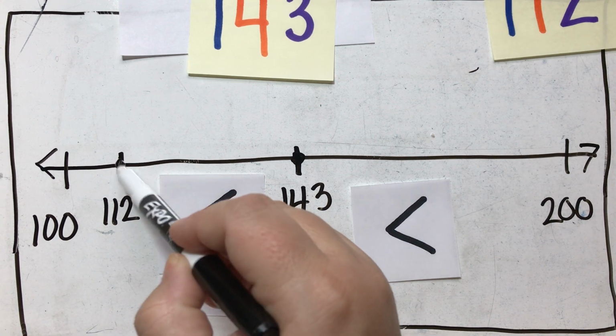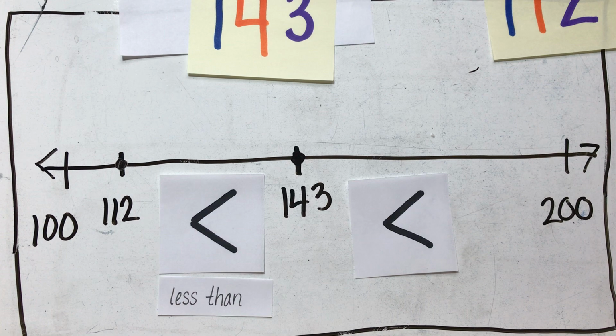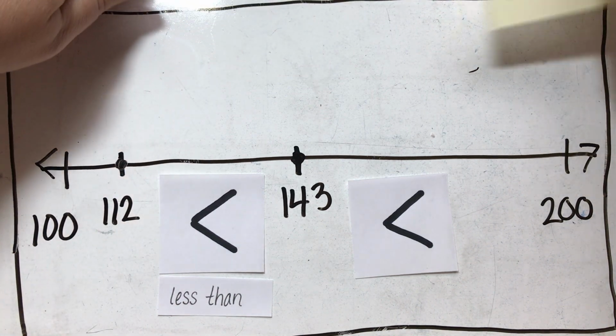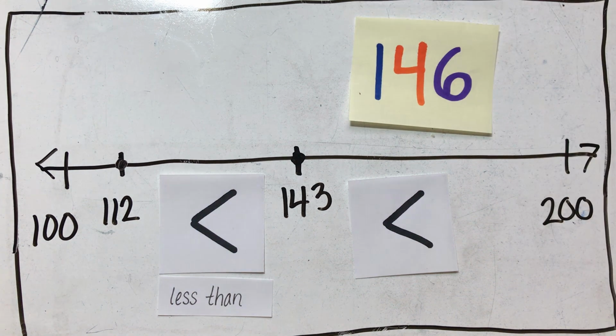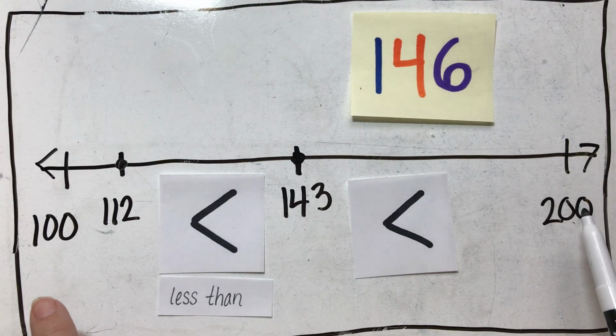I'm going to go ahead and put another number onto this number line so that we can see how we could use it in the opposite direction. I also have the number 146, and I know that's still between 100 and 200.